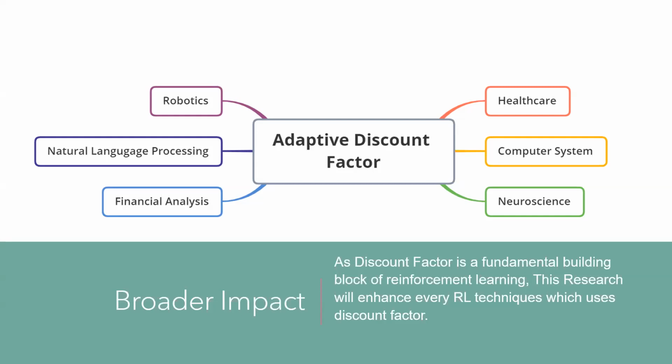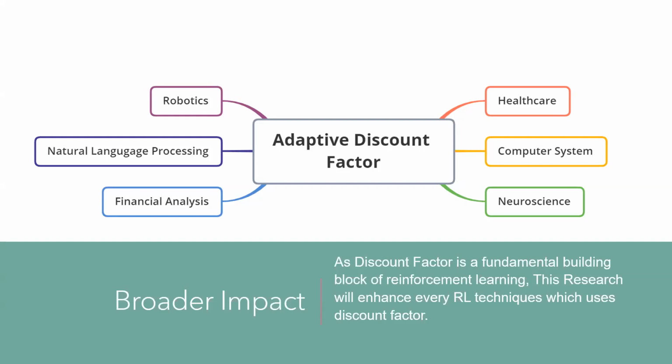Natural language processing is also a sequence of things, so it will improve natural language processing. And artificial intelligence is just a mimicking of real intelligence.